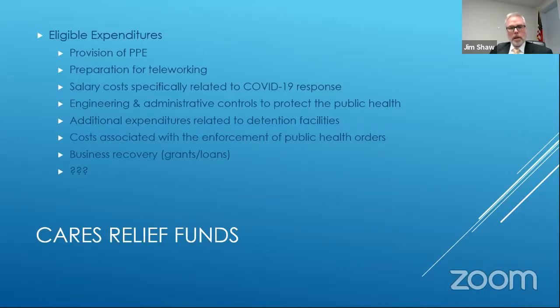Preparation for teleworking is an eligible expenditure, and certainly we've spent money either in preparing laptops, purchasing laptops, or preparing the network connection for the number of folks that we have currently teleworking. We can use any salary costs that are specifically related to COVID-19 response, and then any of the engineering or administrative controls that we talked about earlier.